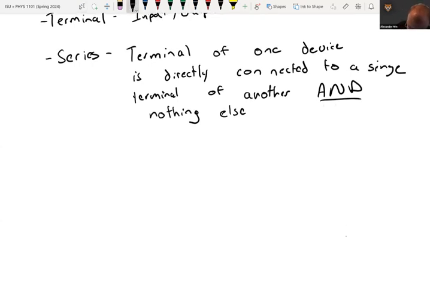But for example, just for a couple of examples, resistors in series looks like the following. So you have a wire going into one resistor, and then that connects directly to another one.